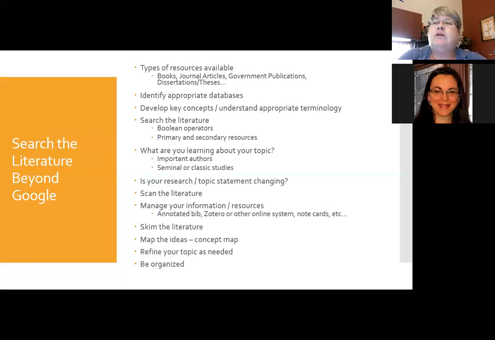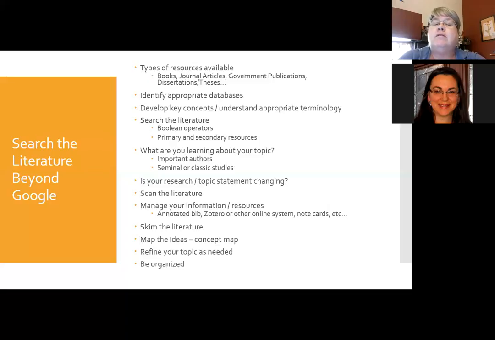One of the things you want to do is figure out the key concepts in your topic or look at terminology. Every field is going to have its own special words or terminology that they use. Sometimes when you start off, it's very difficult to know that. But as you read literature and look at titles and abstracts, you're going to come up with more key terms and words.